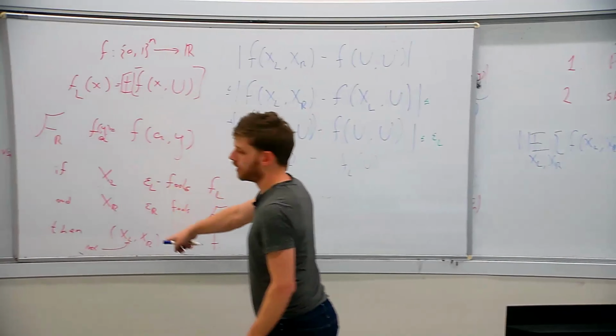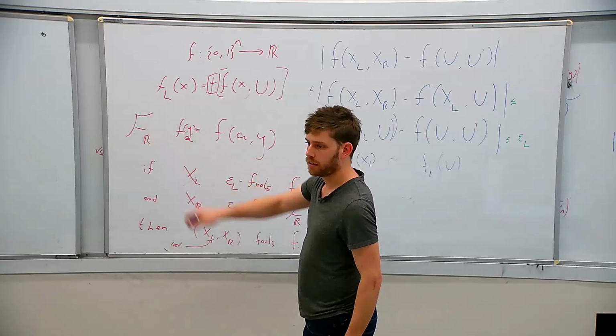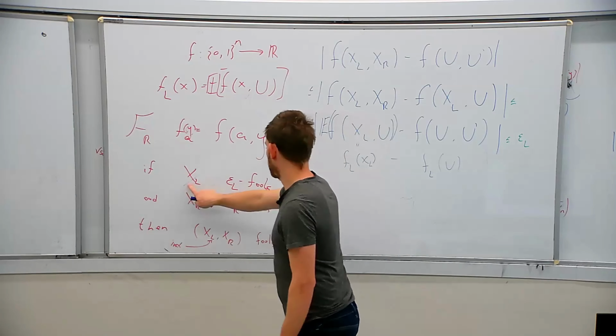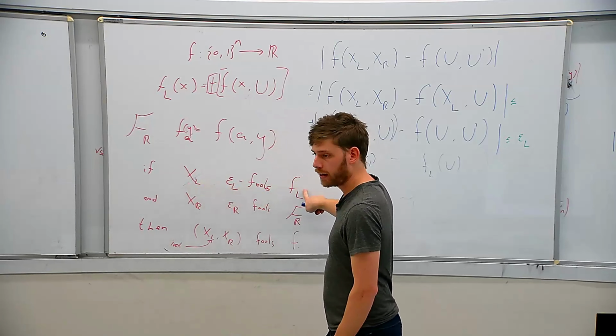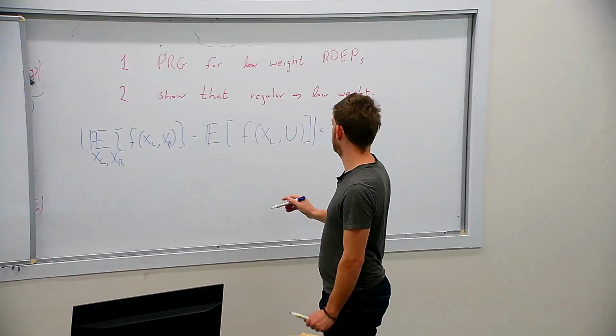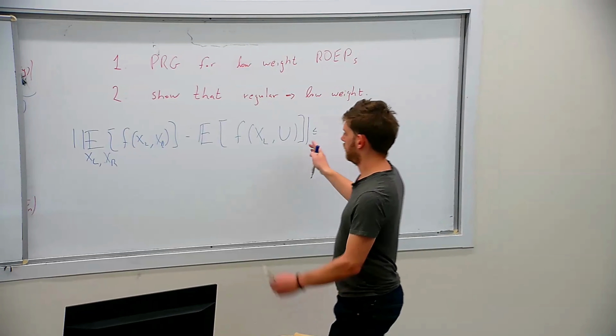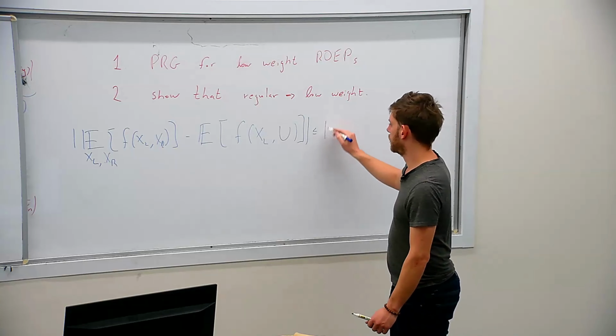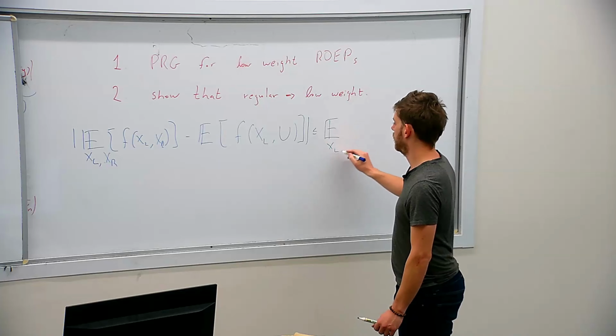For now, we're only proving the lemma. Don't think about it, XL is just some distribution. So XL fools epsilon L fools FL. Okay, so this is at most, by the triangle inequality, we take the expectation over XL outside.